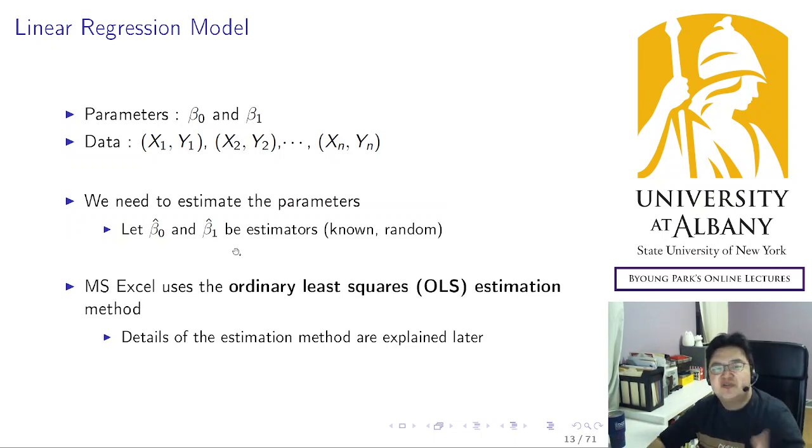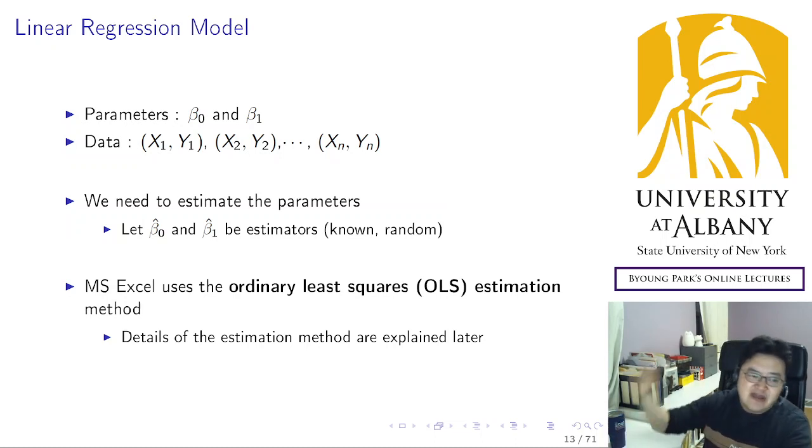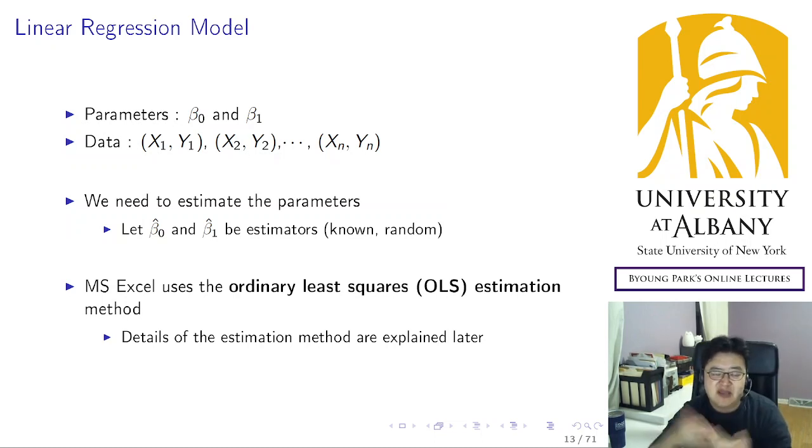And I will first show you what we can do using those outcomes. If you have estimators, I'll show you many things you can do, and then later I will explain how those estimators are calculated. I think that's a better way to explain and easier to understand the mechanism of this estimator.